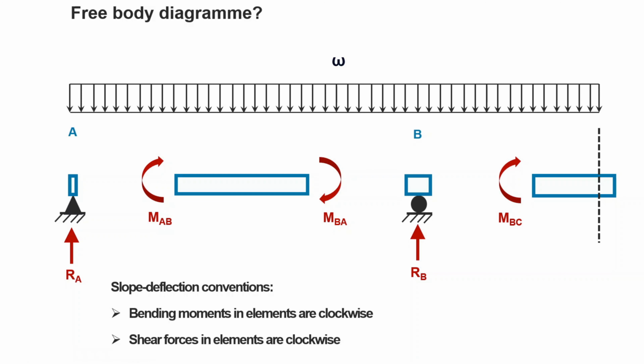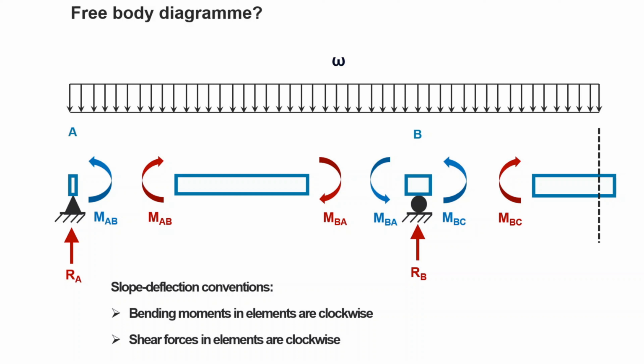So whatever we obtain for this half of the structure will be mirrored for the other half of the structure. The convention for the internal moments is that the moments should be clockwise for the element, which means that they will be counterclockwise at the support.